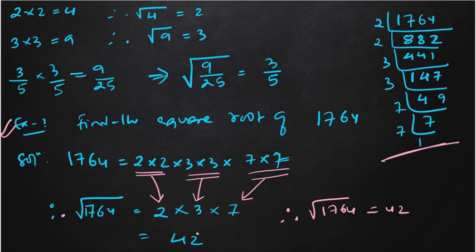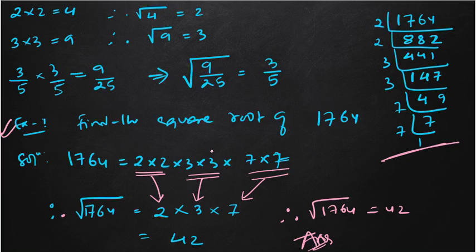If we multiply all these numbers, the answer will be 42. So the square root of 1764 is 42. In this way we calculate the square root of a number. If all the prime factors have a pair, then that number is a perfect square, and from that we can calculate the square root also.